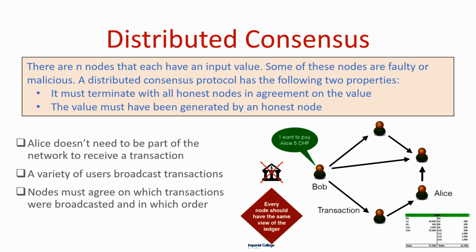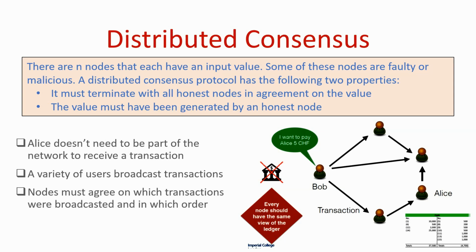Okay? So if we read the definition that we see in the slide, if there are n nodes where each node has an input value, some of these nodes are faulty or malicious. A distributed consensus protocol has the following two properties. It must terminate with all honest nodes in agreement on the value, and the value must have been generated by an honest node. So what does this mean?